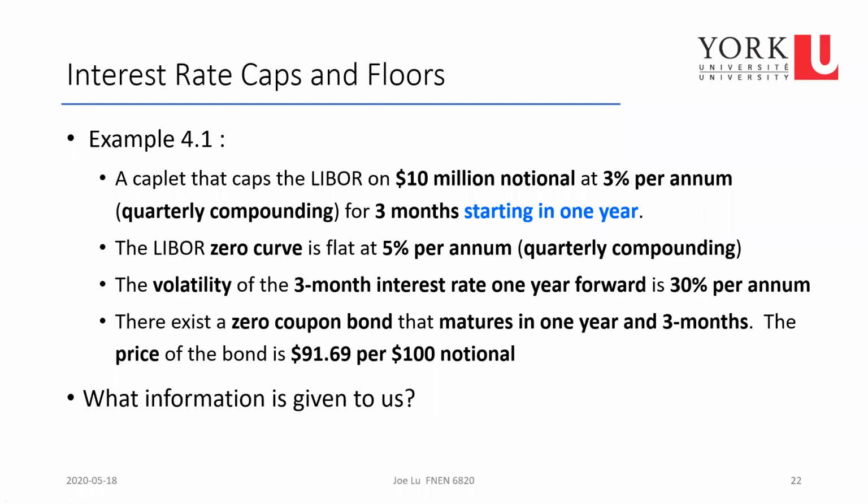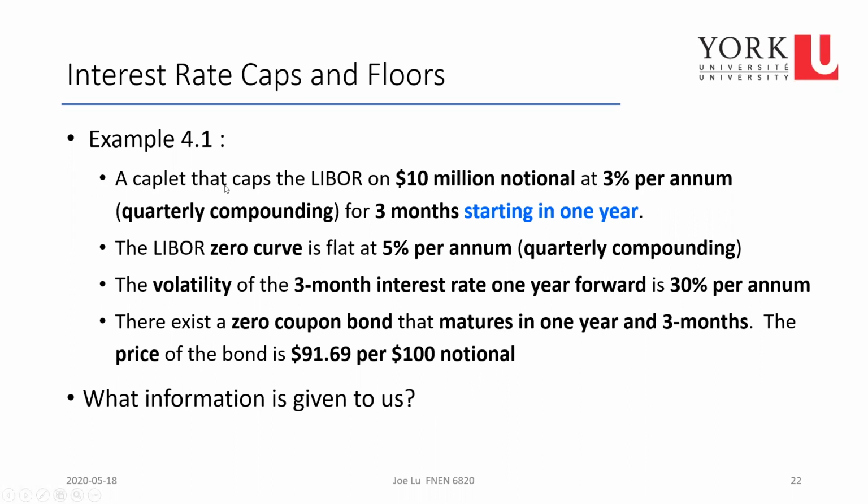Let's take a look at some examples to illustrate what we have talked about earlier. So for example, we have a caplet that caps the LIBOR rate on a 10 million notional, and the rate is 3% per year.